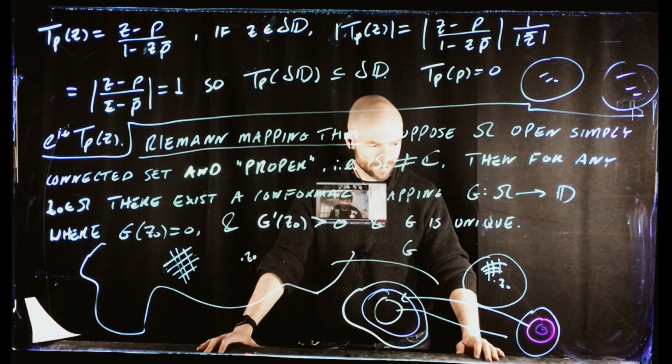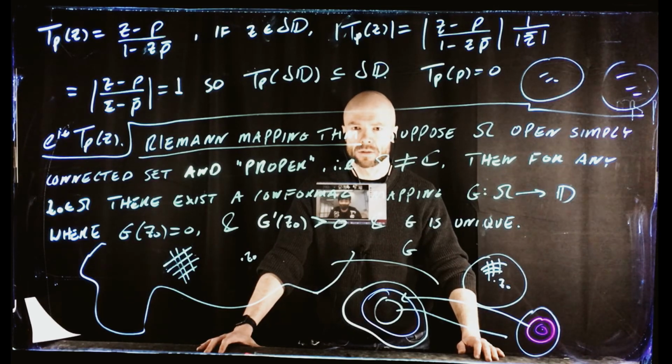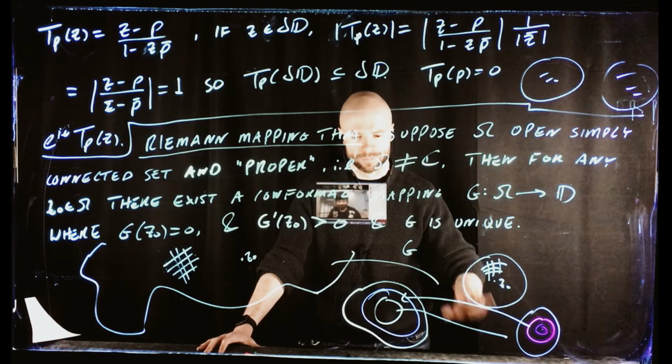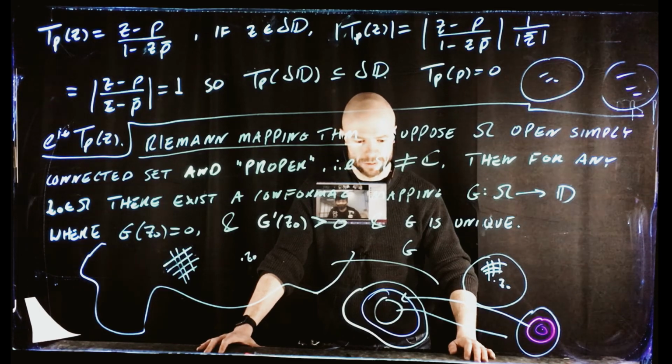No, either punctured complex plane or the extended complex plane or the complex plane, something like this. Yeah, there are powerful extensions of this, but let me get to that next time.